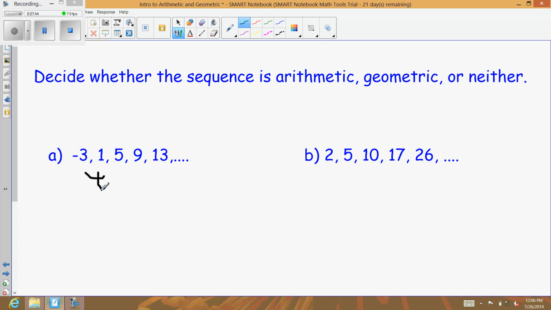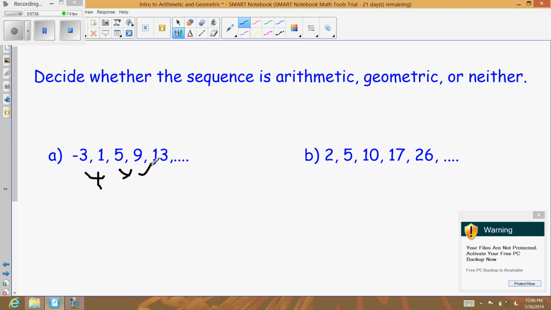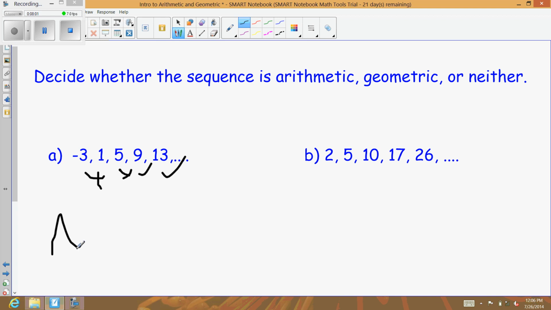There's a difference of 4. Then 1 plus 4 gives me 5, check. 5 plus 4 gives me 9, check. 9 plus 4 gives me 13, check. Good. So that means that this is arithmetic, and it is a sequence.